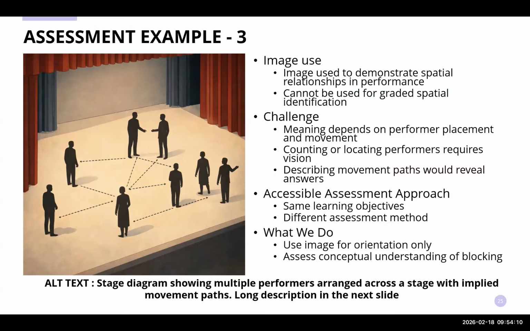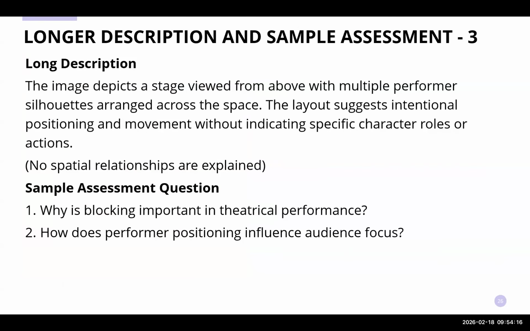So the description we provide is simple and neutral. Something like: the image depicts a stage viewed from above, multiple performer silhouettes arranged across the space, and the layout suggests intentional positioning and movement without indicating specific character roles or actions.